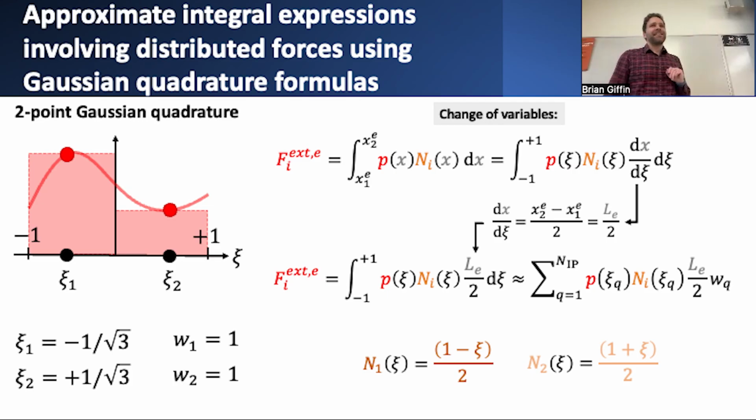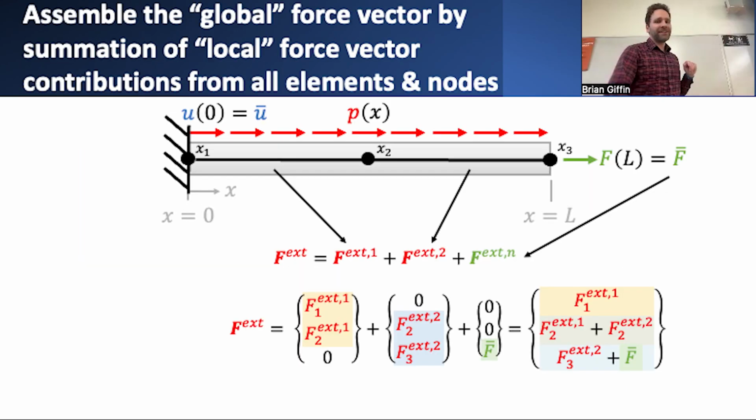And we can just go ahead and evaluate these functions, sum them together, and come up with those weighted contributions to the overall nodal forces that act at the nodes of this particular element. We could do this on an element by element basis, get individual contributions, and sum them all together and consolidate them into one big vector of all of the resultant forces that act at all the nodes in the structure. So summing contributions on an element by element basis, summing contributions that come from any discrete or concentrated nodal forces, and then putting them into this final array.